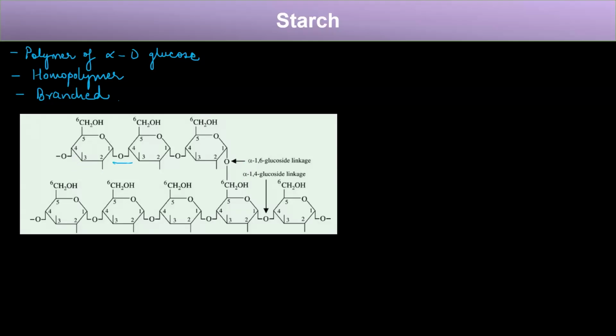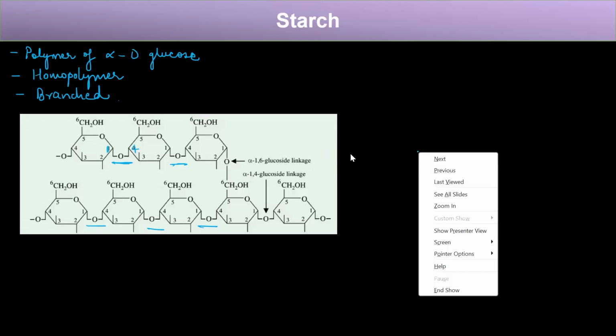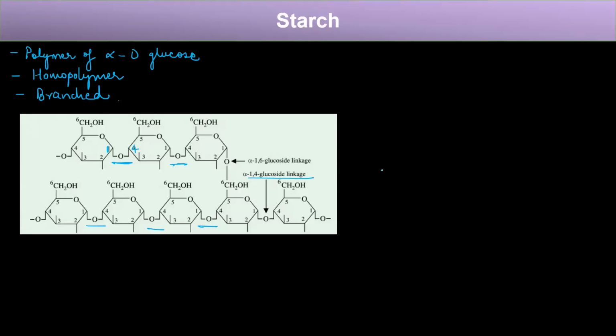If you see this linkage, these are alpha glucose and the linkage is between the first and fourth carbon. Hence it is alpha 1 4 linkage.